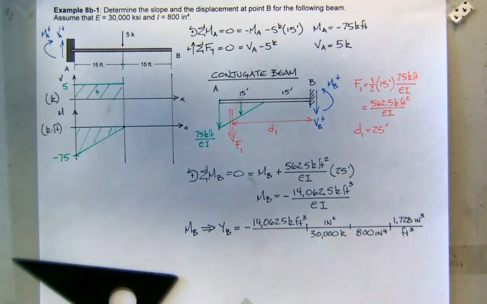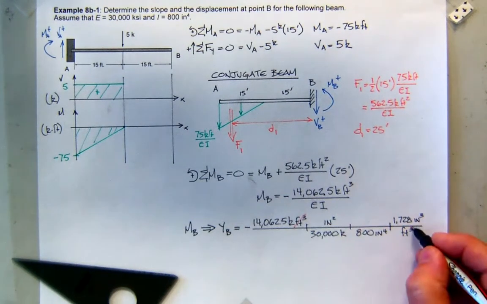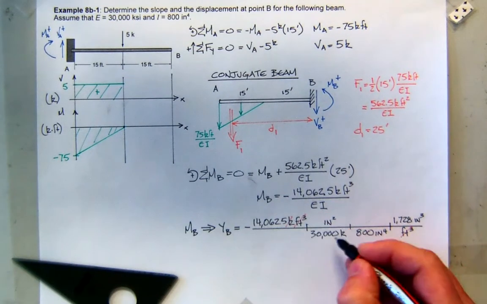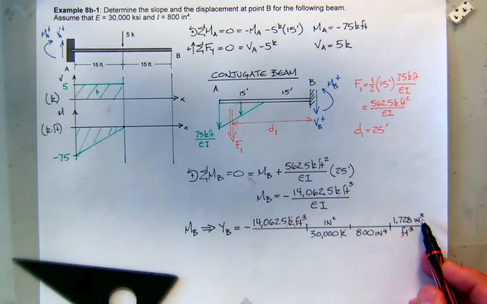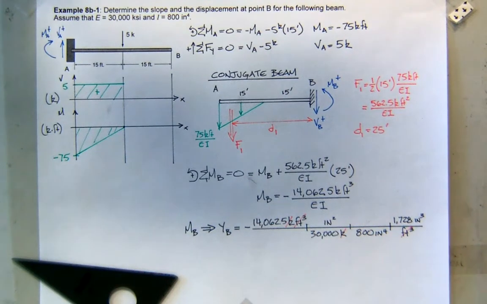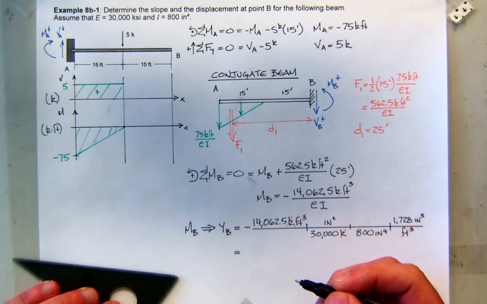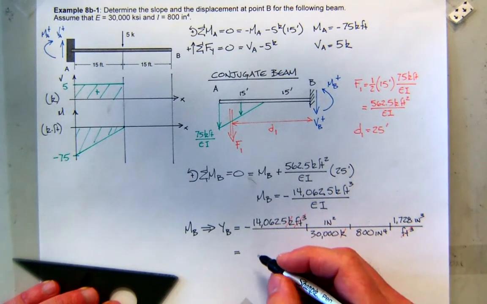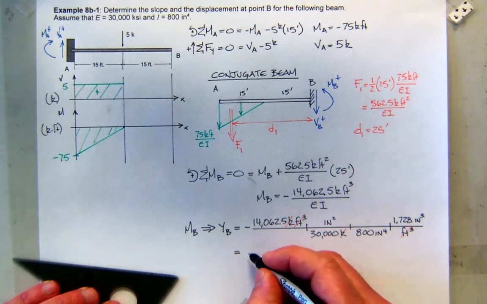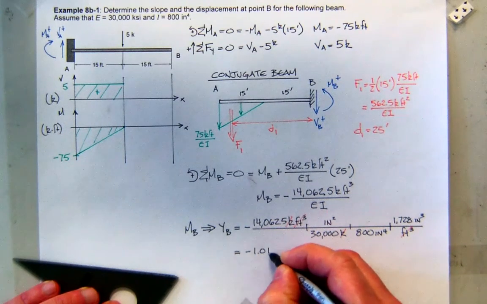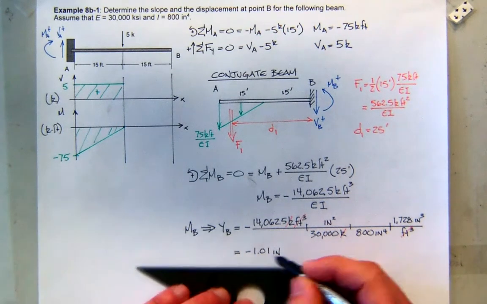If you look at that carefully, you can see my feet cubed cancel, my kips cancel. I have inches to the fifth over inches to the fourth, which is inches. And what does that come out to be? Negative 1.01. So basically 1 inch.